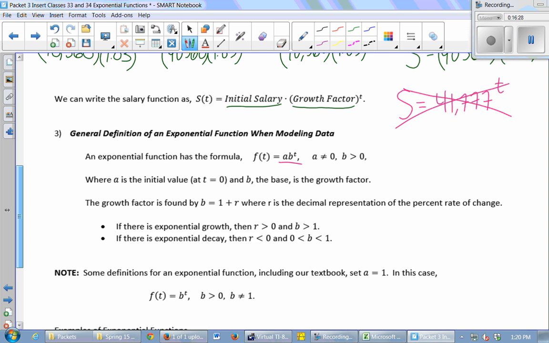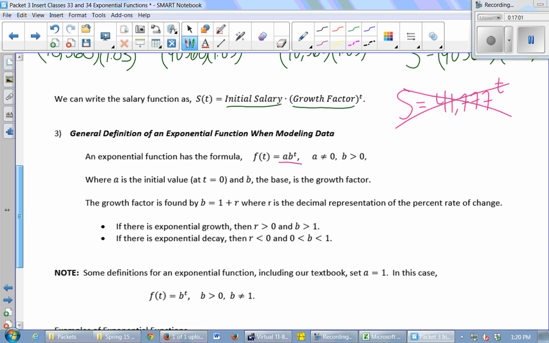In our case, we were increasing by 3%, so our growth factor was 1.03, because you just add 1 to the percent rate written as a decimal. If there's growth, that means r is positive and b has to be bigger than 1. And if you're losing 3% every year, that's called exponential decay. That happens when r is negative, and then your growth factor b is a number less than 1.